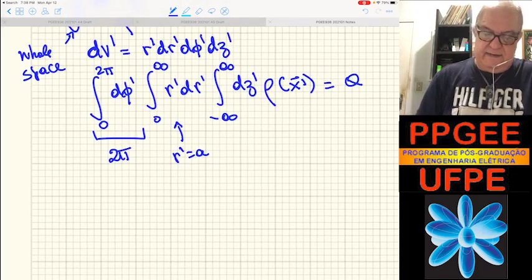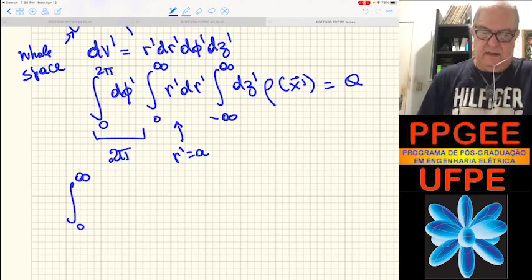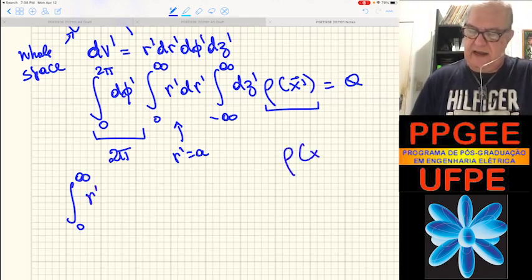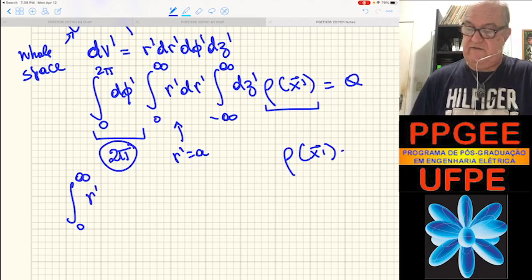So I have an integral from 0 to infinity. This is going to be a function of r prime, right? Let's say that rho of x prime, so I'm separating the 2 pi here, is going to be a function of r prime times a function of z prime.